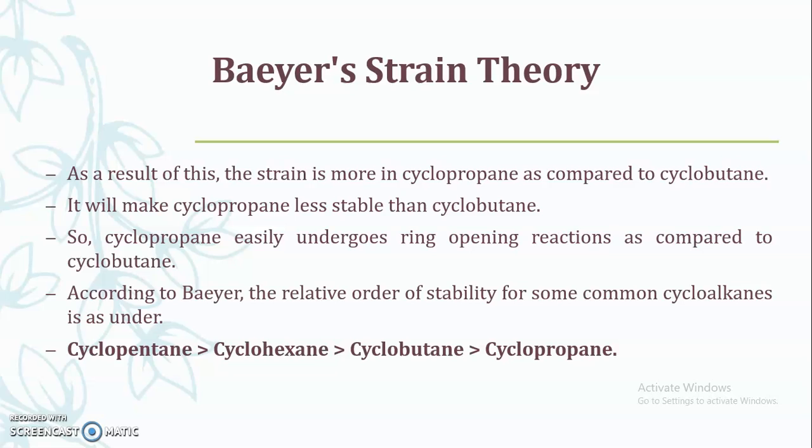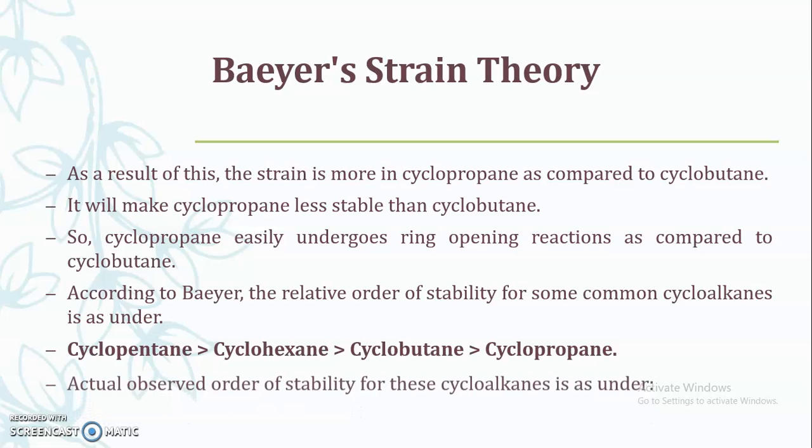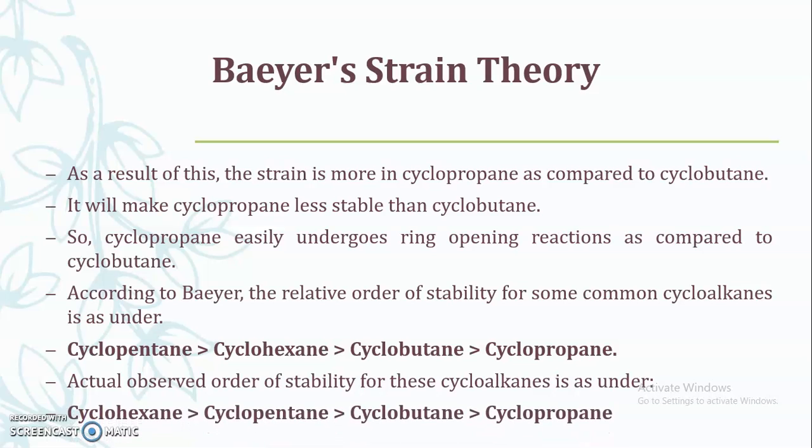So this theory is unable to explain the relative order of stability, because the actual observed order of stability for these cycloalkanes is as under. As I said, cyclohexane is practically more stable as compared to cyclopentane, then cyclobutane and cyclopropane.